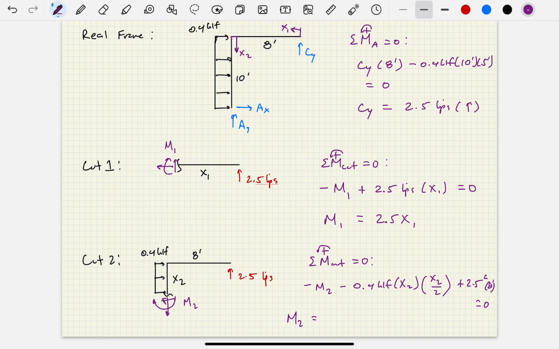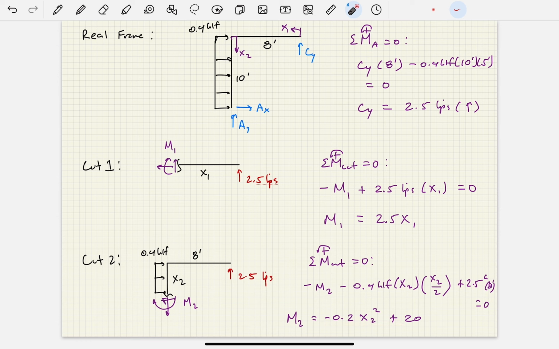So I can do some algebra and rearrange this. So I'll end up with negative 0.2 x2 squared, and then I will have plus 20, okay? And let's make sure the signs are okay here. Move this to the other side of the equation. So this stays negative, this stays positive. 2.5 times 8 is 20. Collectively, both of these functions have units of kip feet.